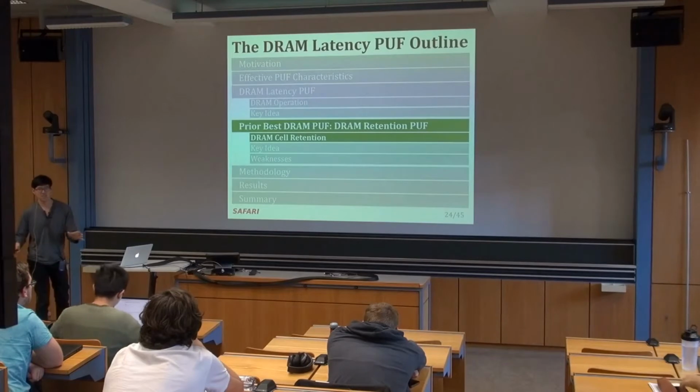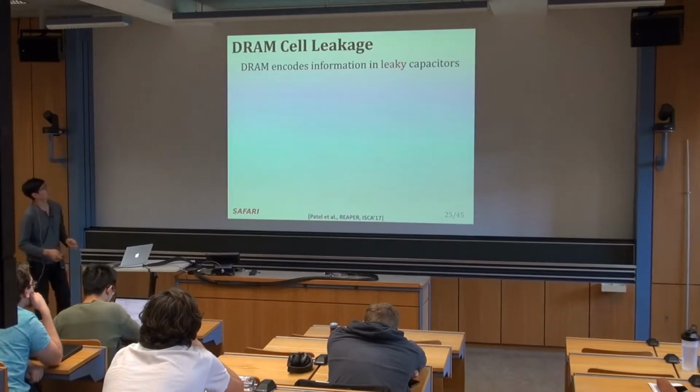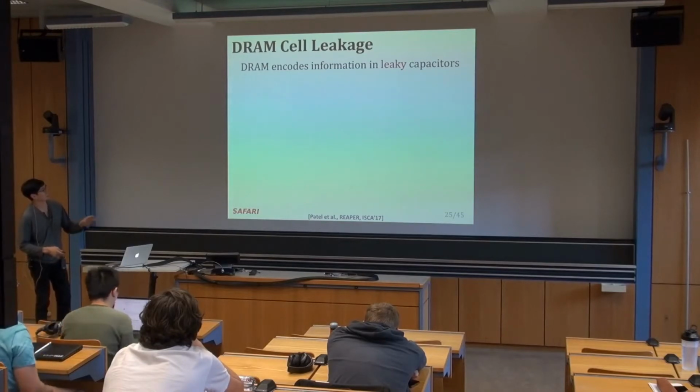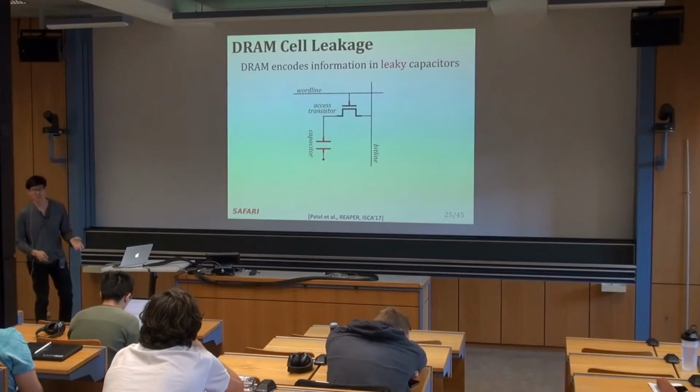So now, to give you a better understanding of what previous DRAM PUFs did, I will again talk about DRAM cell retention and then talk about their key idea, in order to compare the two works. These slides might look familiar, but DRAM encodes information in leaky capacitors.